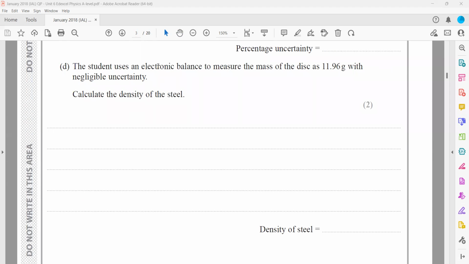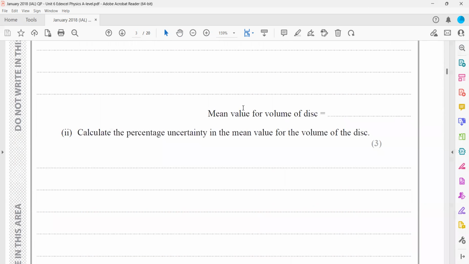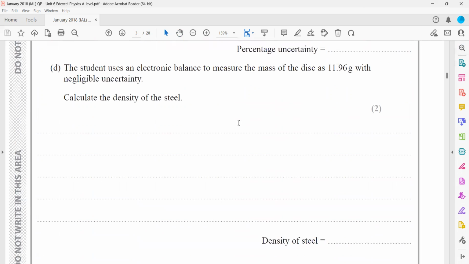Then a student uses an electronic balance to measure the mass of a disk and gets 11.96 grams with a negligible uncertainty. Calculate the density. So how to work out the density? Density is mass over volume. We got the average volume of the disk and we have the mass, so we just divide them.